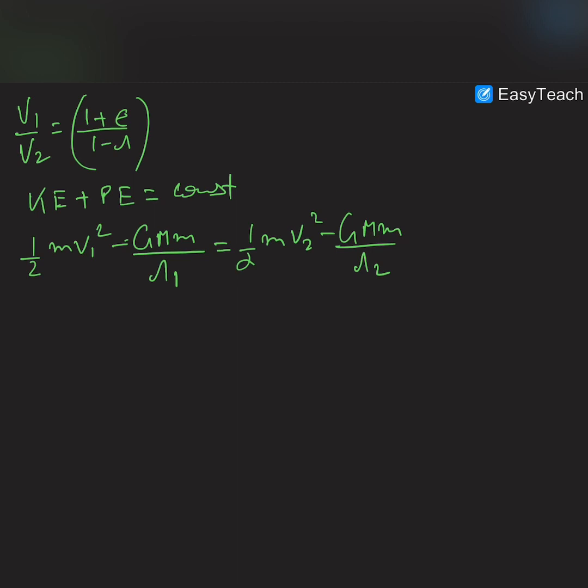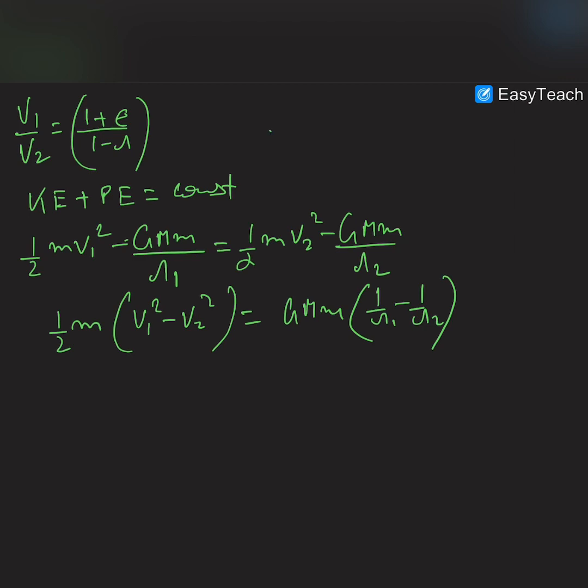Now we will use this relation and this relation to find out the value of v1. So let us use this relation. Half m is common, v1 square minus v2 square is equal to GMm, and it would be 1 upon r1 minus 1 upon r2.